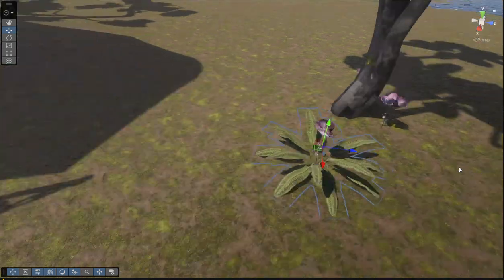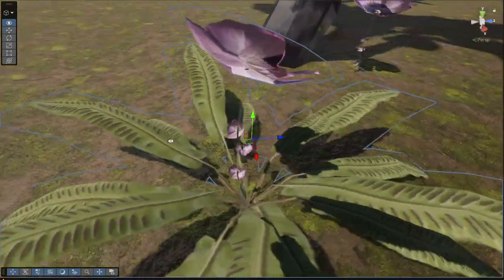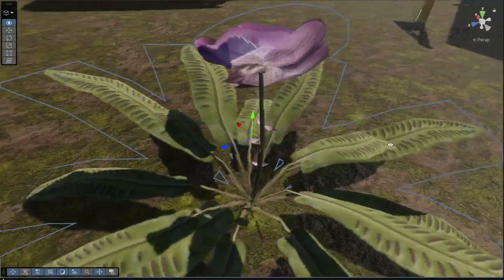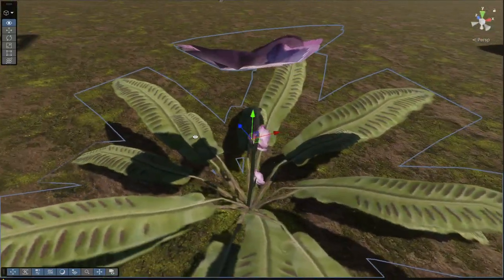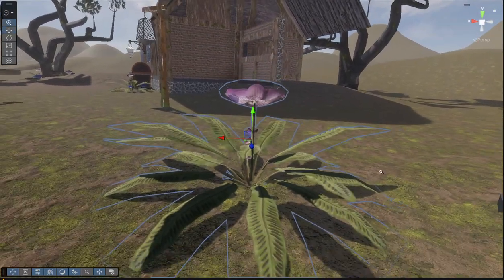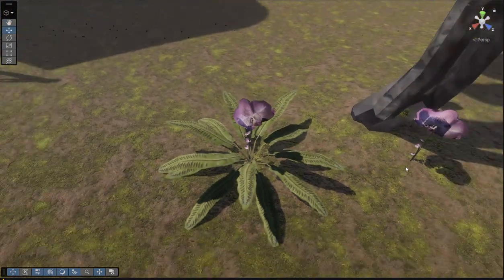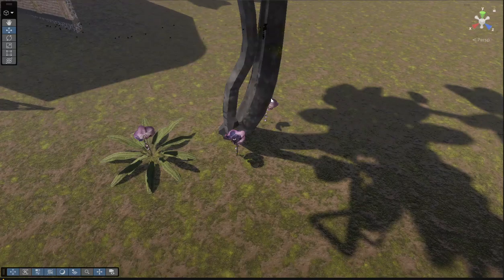For the plants, I had these flowers, the bushes, just to give it some variety, with the mushrooms.